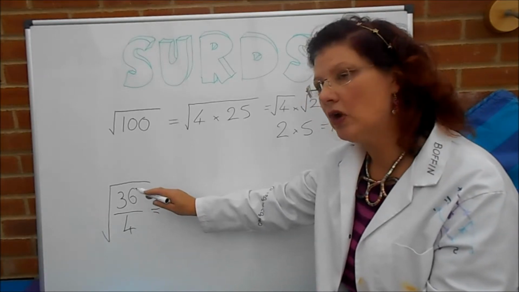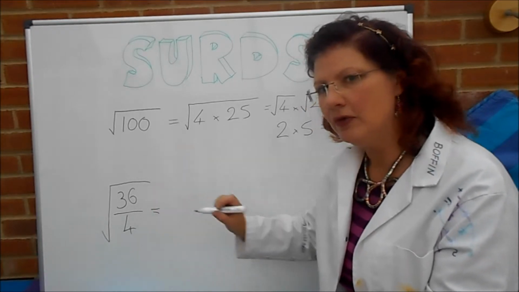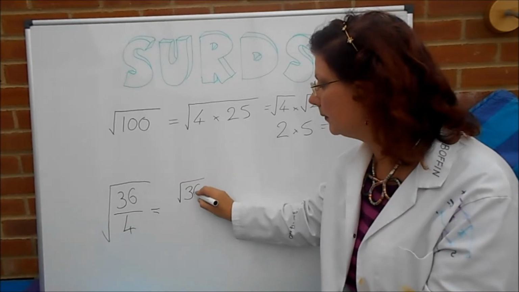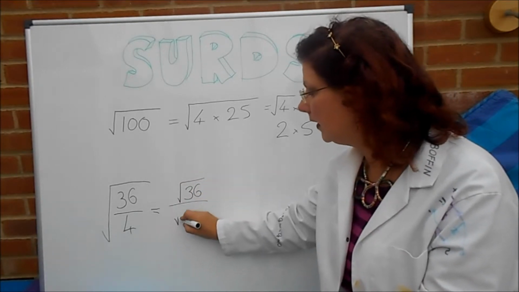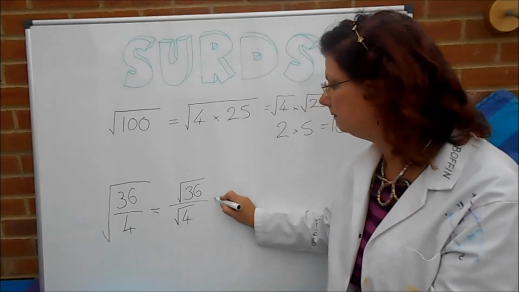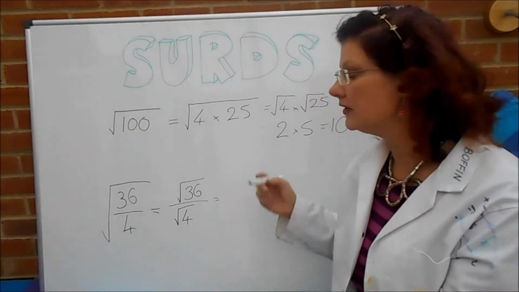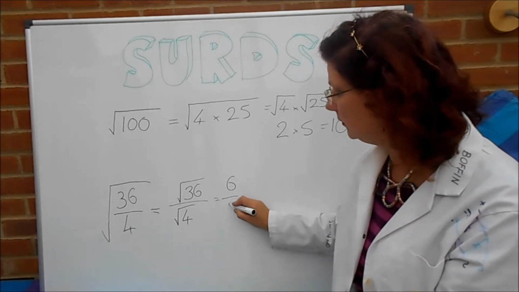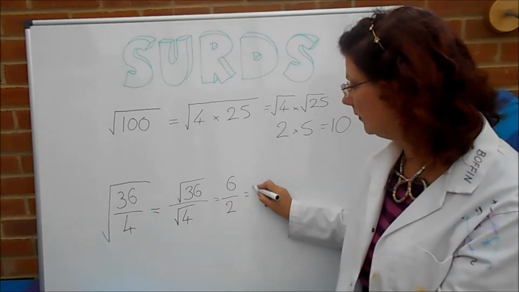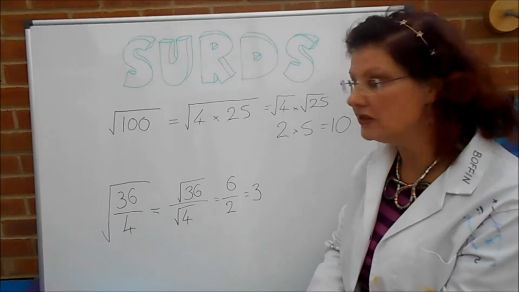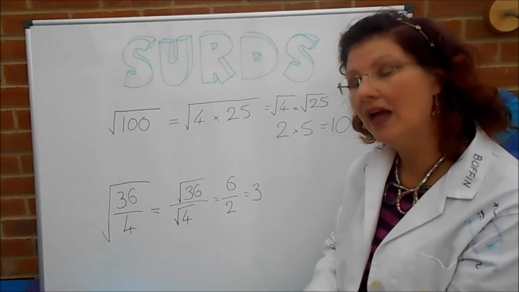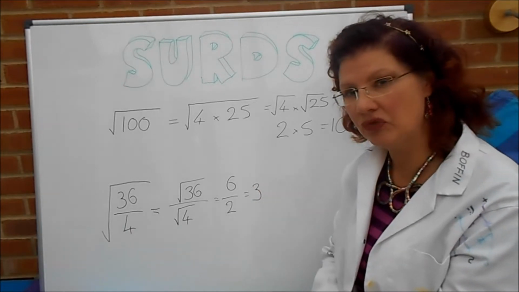We've got the square root of 36 divided by 4, and I'm going to split that into the square root of 36 over the square root of 4. Square root of 36 is 6. Square root of 4 is 2. 6 over 2 is 3. And that is correct, because 36 divided by 4 is 9, and the square root of 9 is 3.